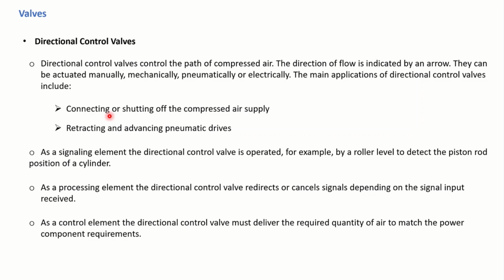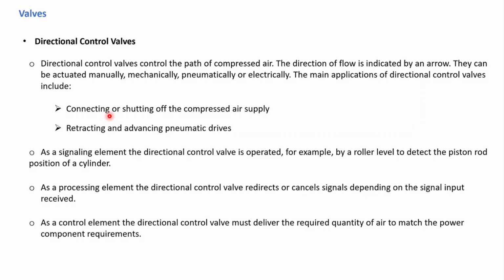If we have the directional control valve as a signaling element, let's say within a system, we can have a roller lever valve to detect the piston rod position of a cylinder. That can be a form of signaling, because it can detect the position and then send out a signal to a directional control valve.